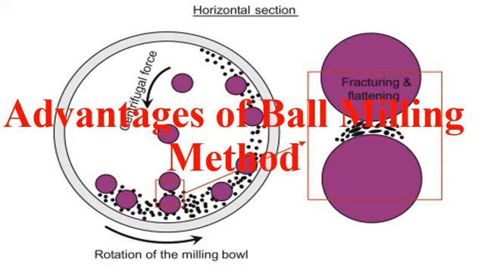All those techniques are very complex and very precise, but they are costly. So of course the ball milling process is very advantageous. Let's discuss a few of its advantages.